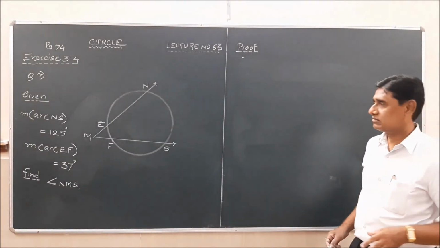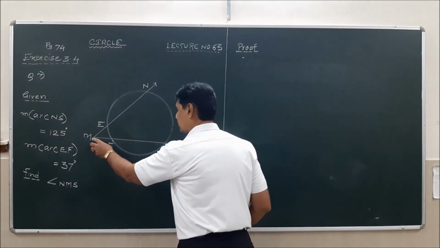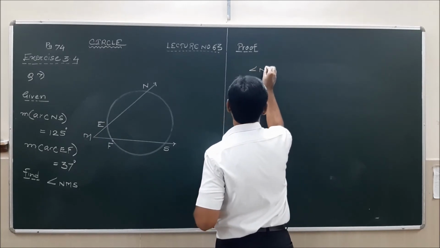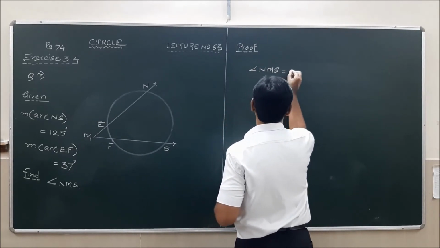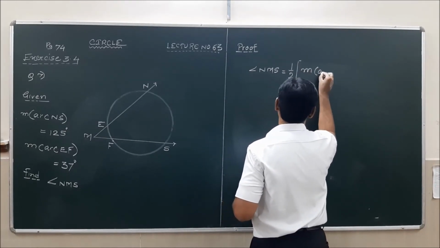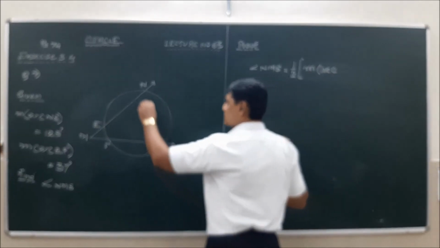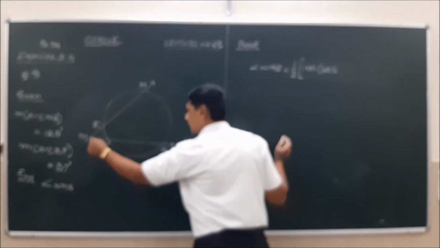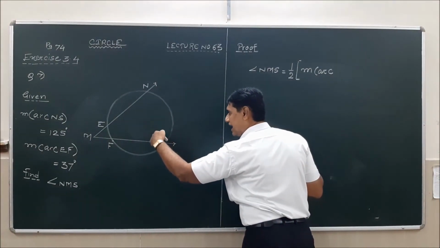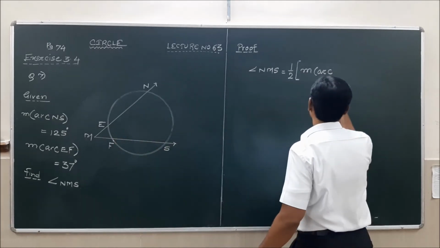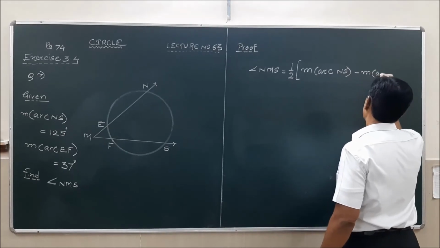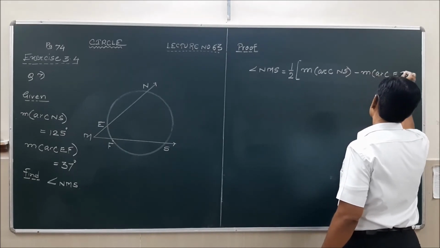In this case, the vertex of the angle is in the exterior of the circle, so angle NMS is equal to half, because two arcs are intersected by angle NMS. Two sides are there, and which arcs are intersected? NS as well as EF. So half of measure arc NS minus measure arc EF.